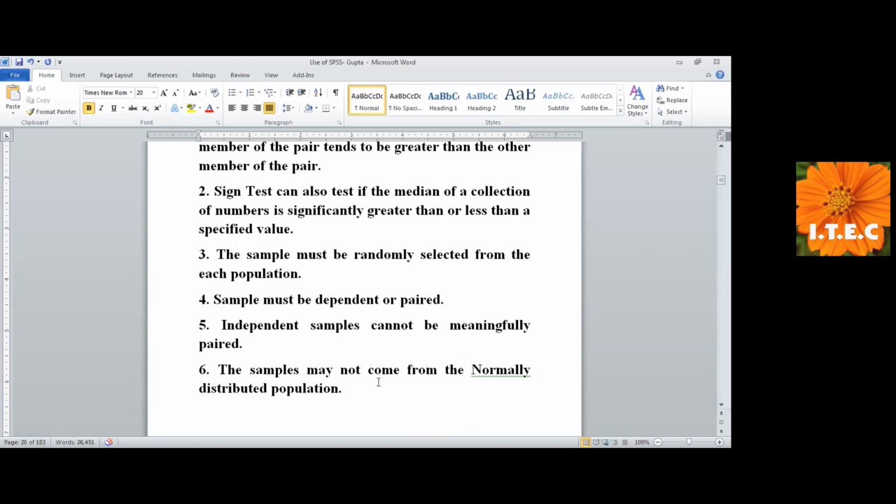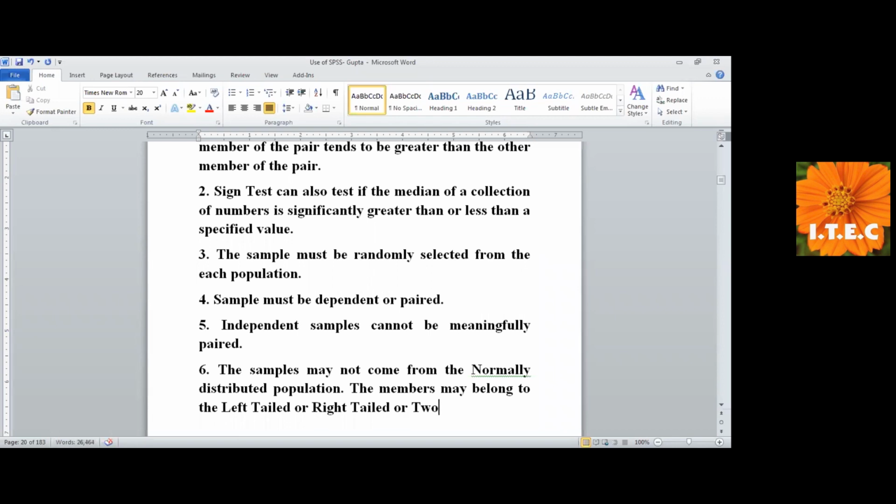So they may not come from the normally distributed population. That means the members may belong to the left-tailed or right-tailed or the two-tailed.